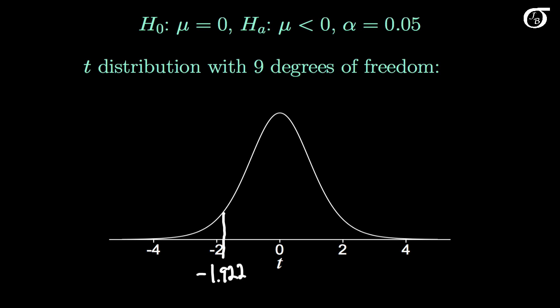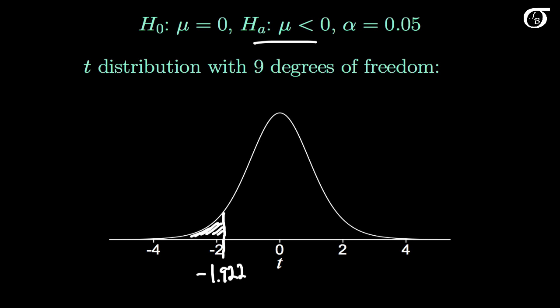What is the p-value? Well, for this alternative hypothesis, mu less than 0, the p-value is the probability under the null hypothesis of getting the value we got or something even farther to the left, or in other words, the area to the left of that value under this t-distribution.